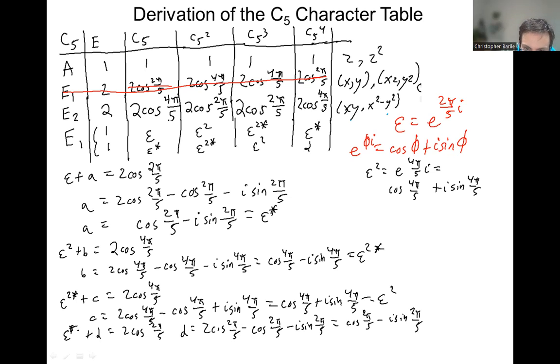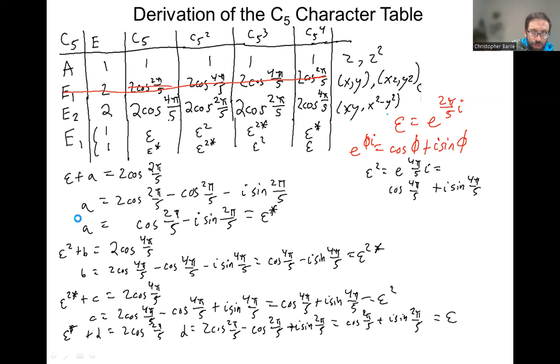And we had to minus the complex conjugate. So we actually had a minus here. So this should have been a plus. So this is a plus. And that is equal to epsilon, right up here. So d is equal to epsilon. So that goes right here.